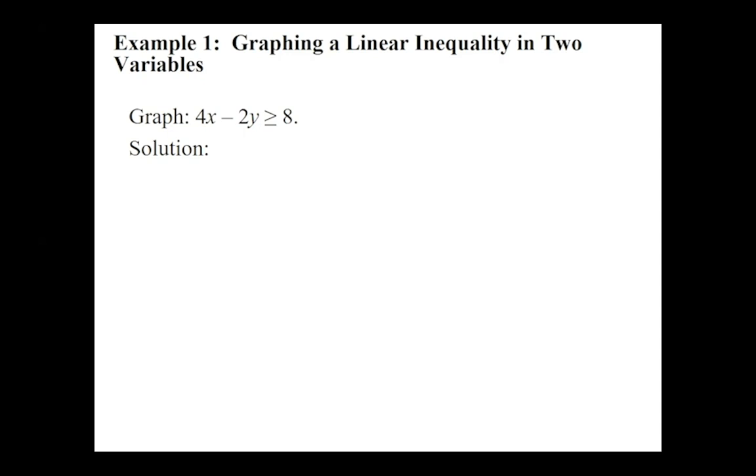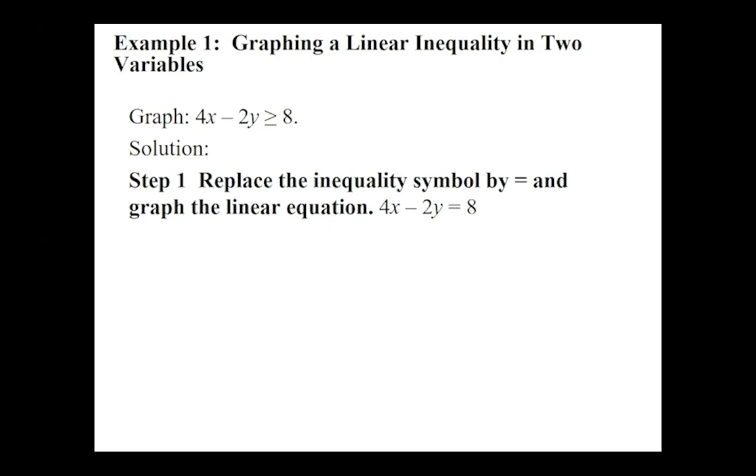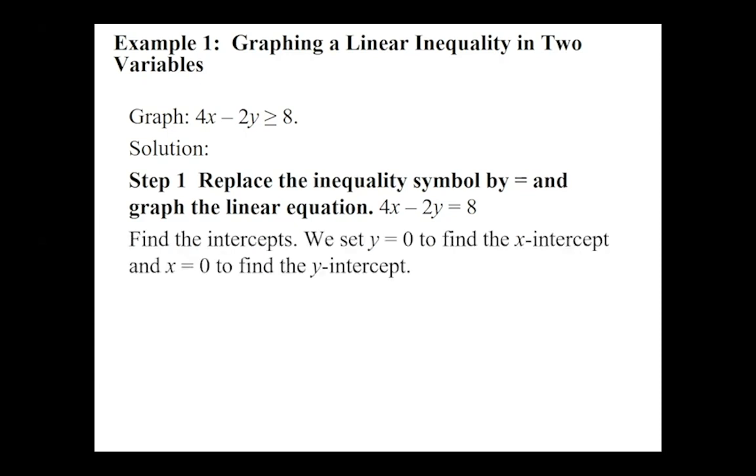So here we have 4x minus 2y is greater than or equal to 8. Let's pretend that that is just a plain old equal sign and graph that line. We can do this by finding the intercepts. Plug in 0 for x to find the y-intercept.